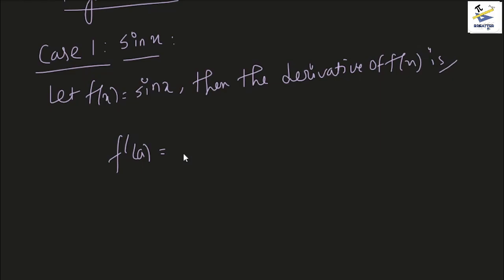So the limiting definition would be limit x tends to a of f of x minus f of a by x minus a, right? Another definition for the limit is what I am going to write now, the definition we are going to use while solving the problems.